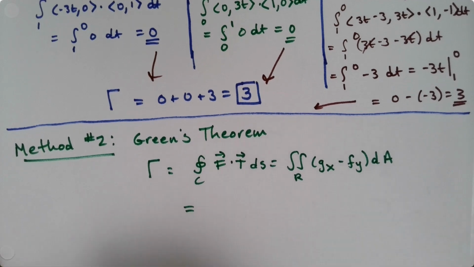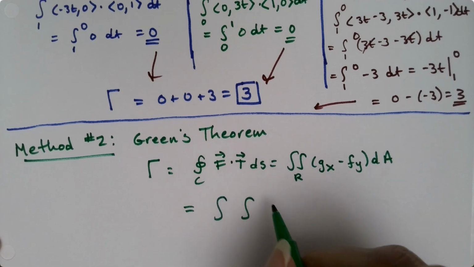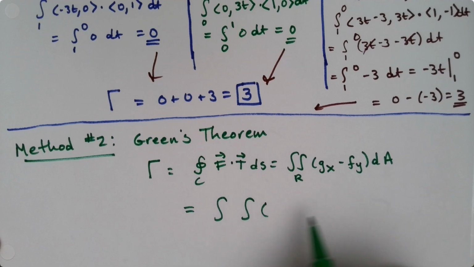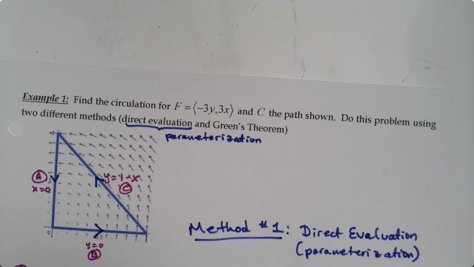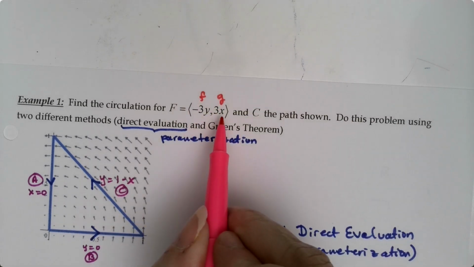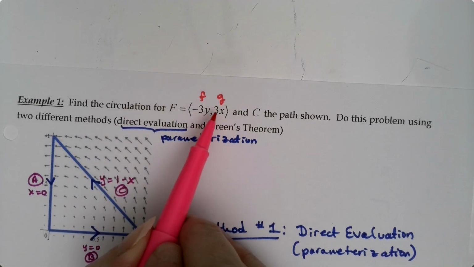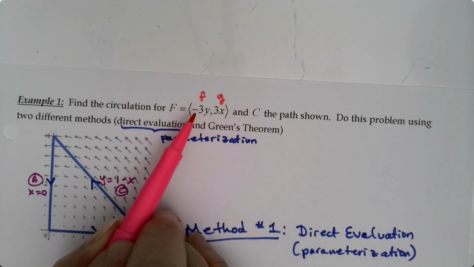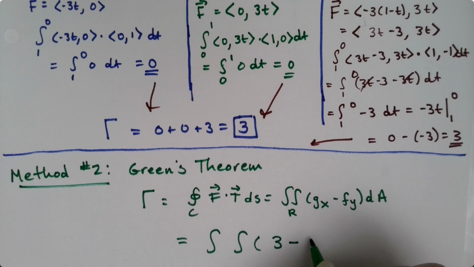We can find g sub x and f sub y. The original vector field is given as f, g. So the derivative of g with respect to x is 3, and the derivative of f with respect to y is negative 3. So it's going to be 3 take away negative 3.